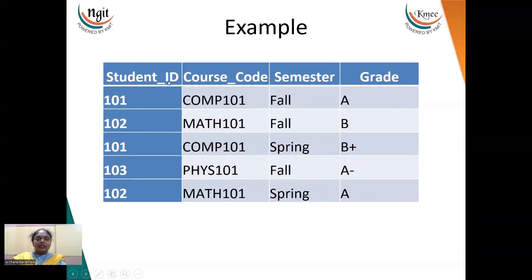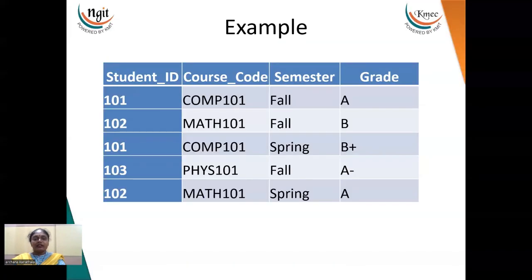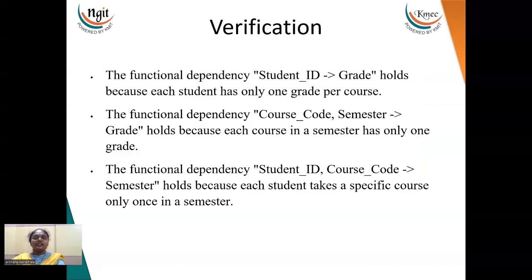If student ID is used to determine the course semester, and then the course semester is used to determine the grade, then directly student ID will be able to derive the grade, right? So this is transitivity. So all the properties are satisfied here. So we can conclude that this is a functional dependence.